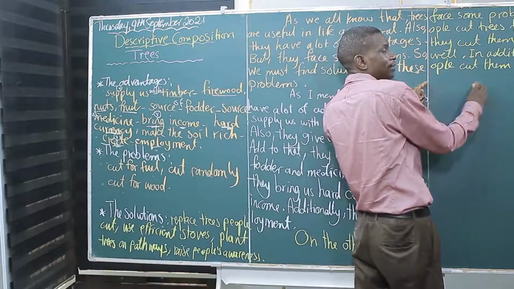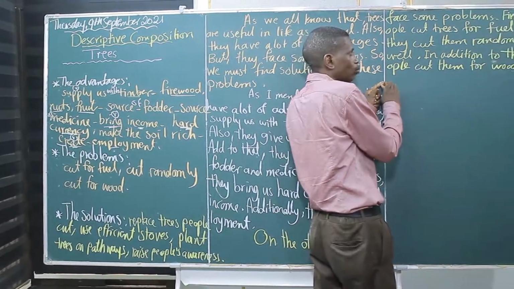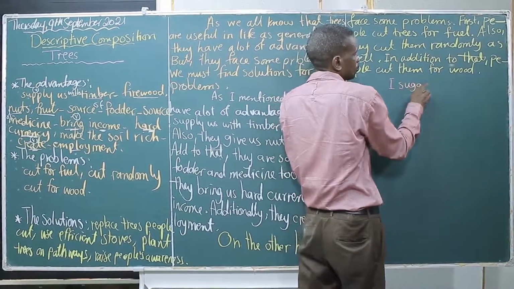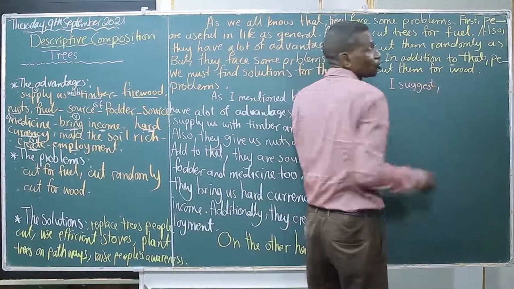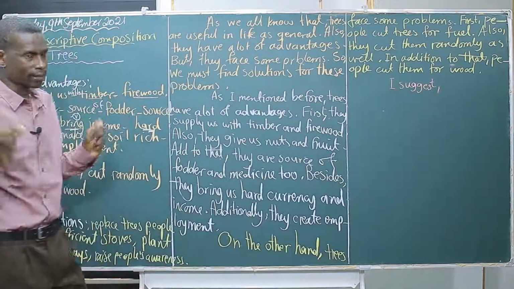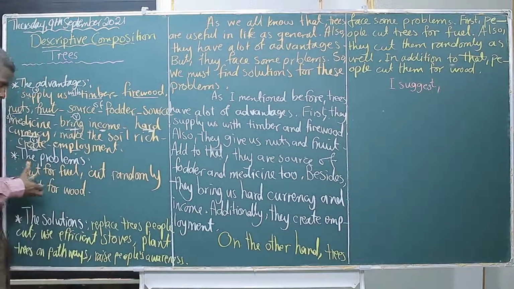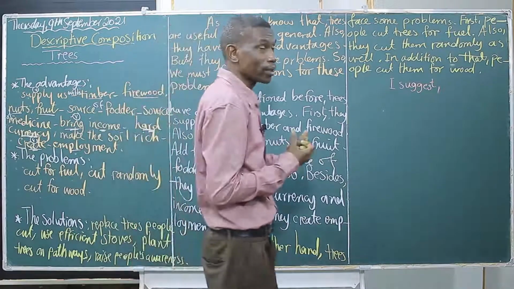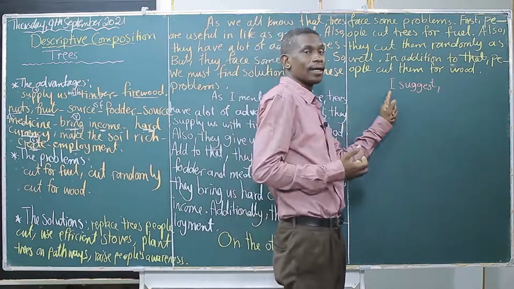You leave space every time when we do a paragraph. Every time, if you want to write a paragraph about the solutions of any problems, one of the ways that you can use is like I suggest.